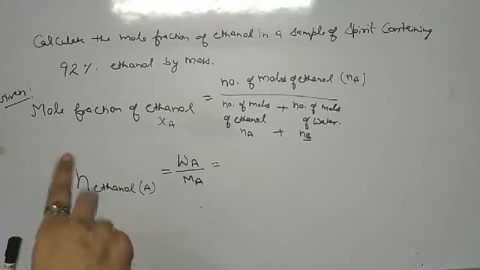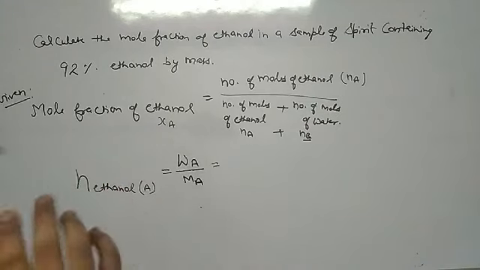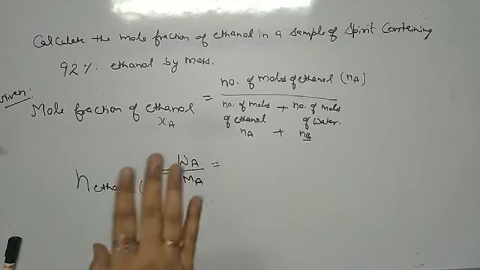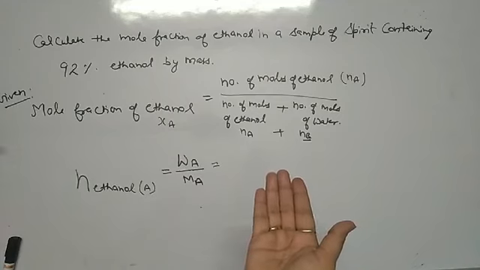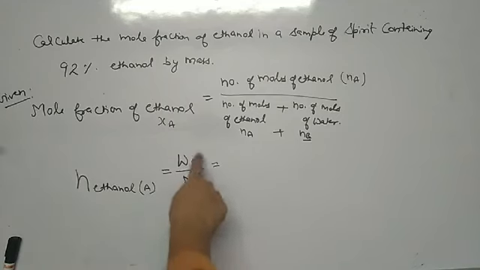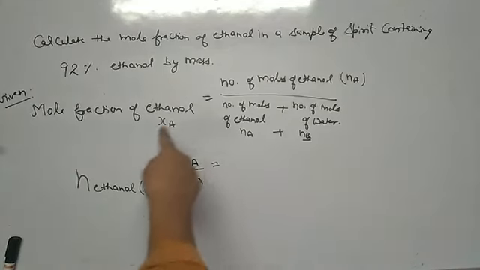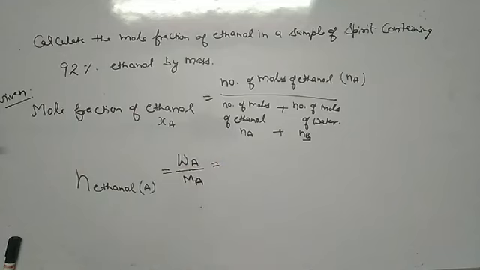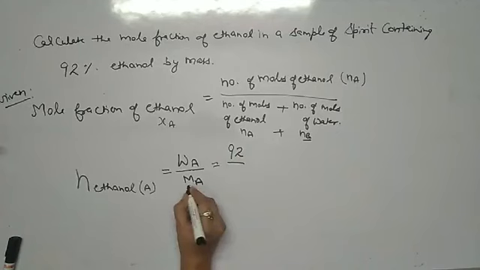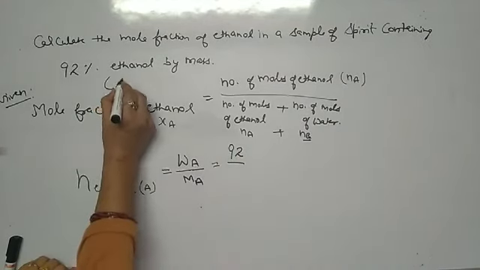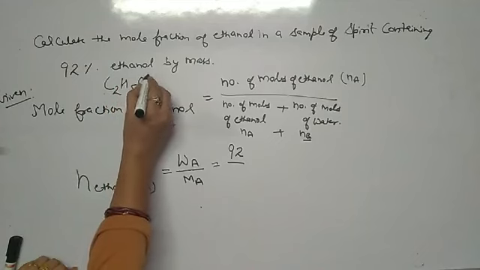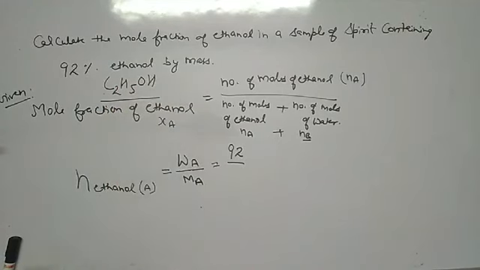So WA, it means mass of our first component ethanol, is equal to 92. And what will be the molar mass of ethanol? Formula for ethanol is C2H5OH.